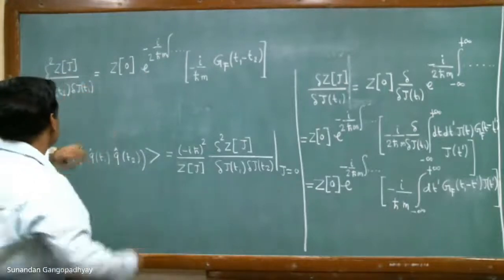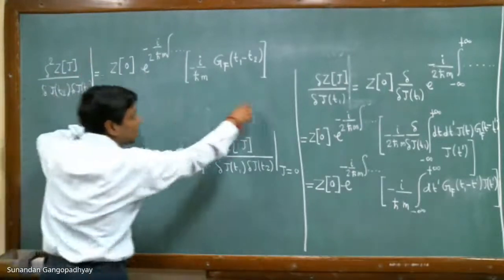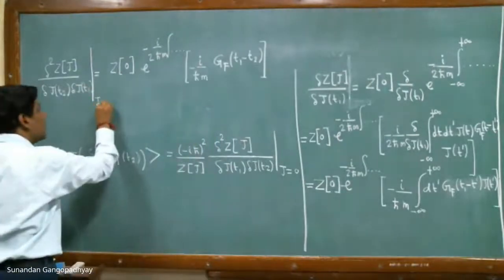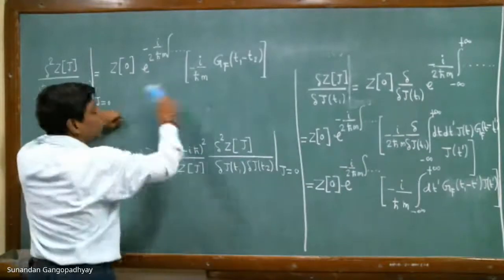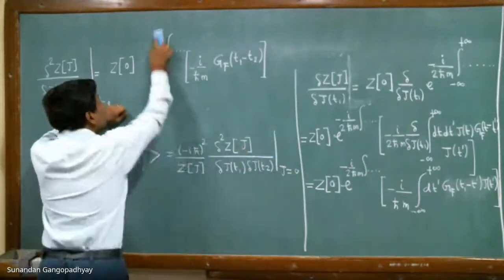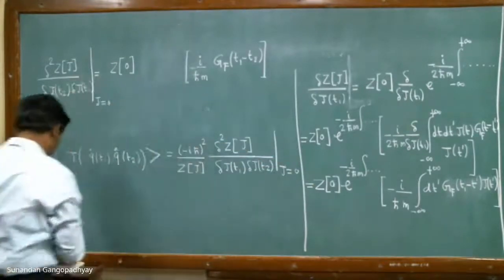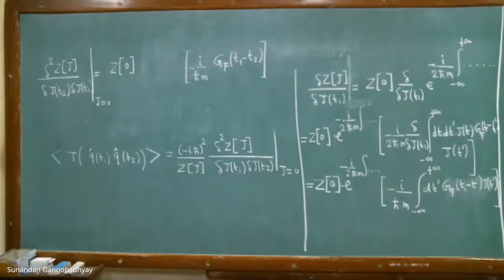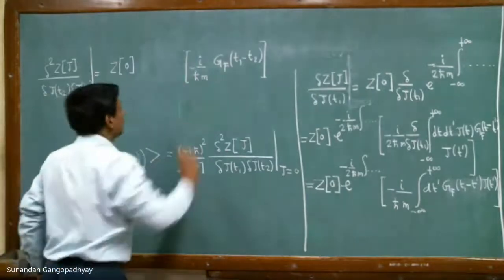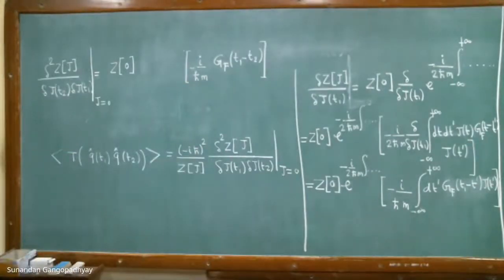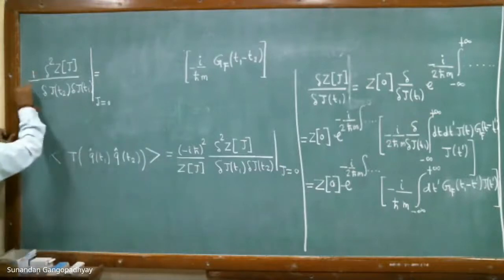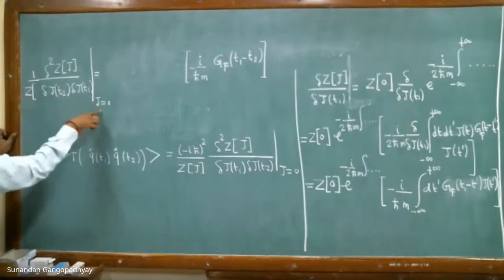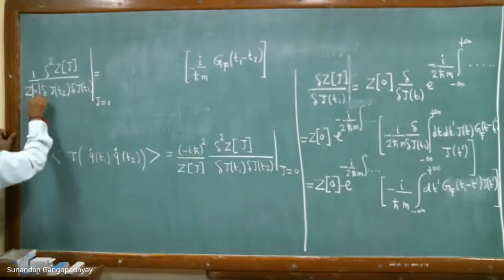So this is the entire result, but not quite the entire result. There is an extra term, but you evaluate it at J equal to 0. So when you evaluate this at J equal to 0, the other term is 0, and this term will be 1. You will not have this term anymore. Okay? So our final result is this. And now you divide this by Z[J] evaluated at J equal to 0, which means Z0.